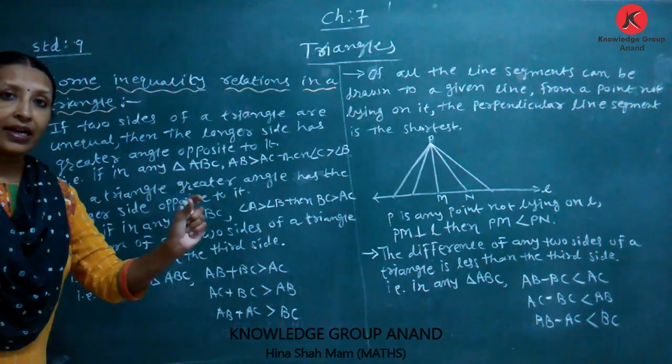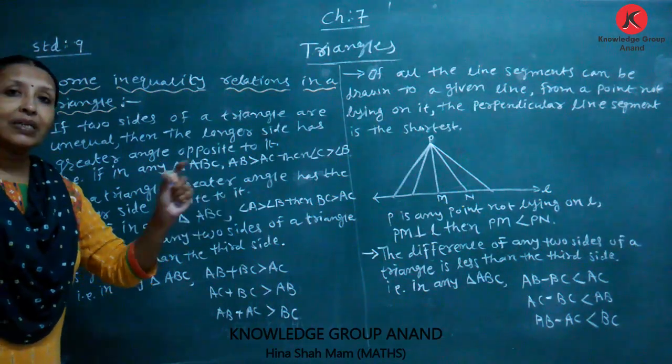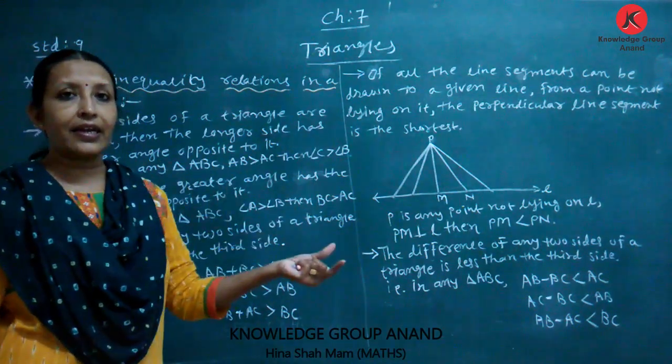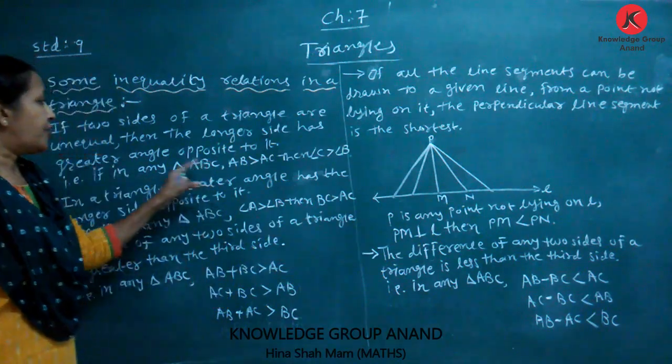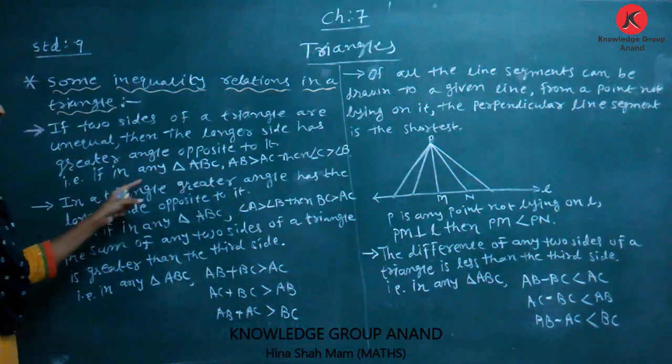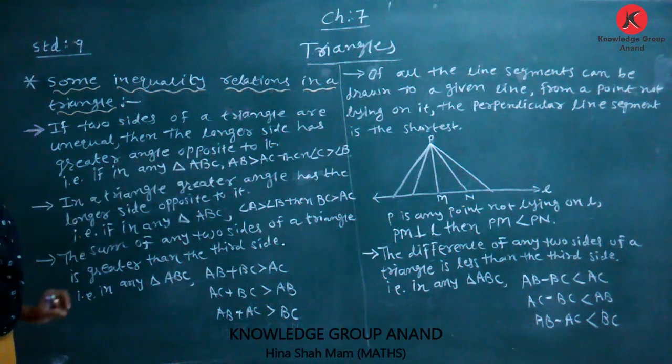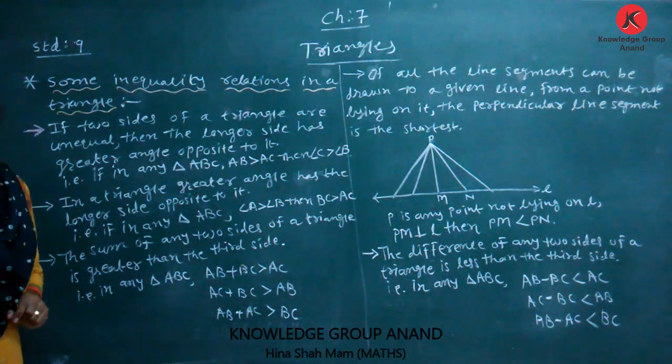That means the greater side has the greater angle opposite to it. That is, if in triangle ABC, AB is greater than AC, then angle C is greater than angle B.